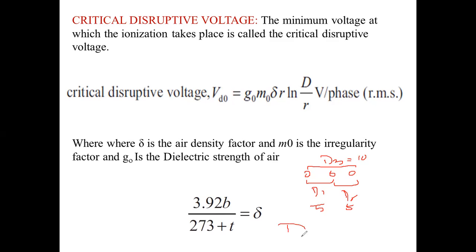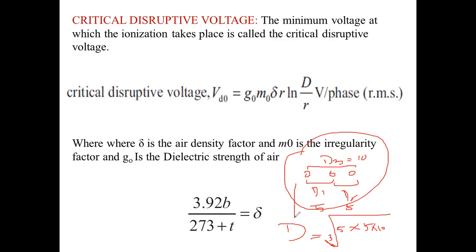Now we have to find the net D by the geometrical mean method: cube root of 5 into 5 into 10. This will be the net spacing for all these conductors. And sigma can be found by 3.92 b over 273 plus t, where b is the atmospheric pressure and t is the temperature.